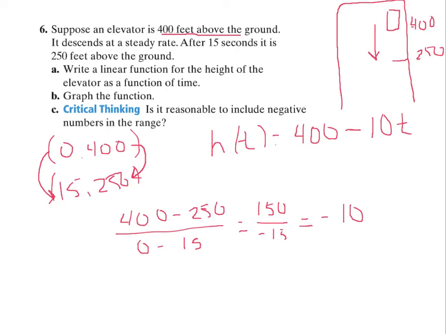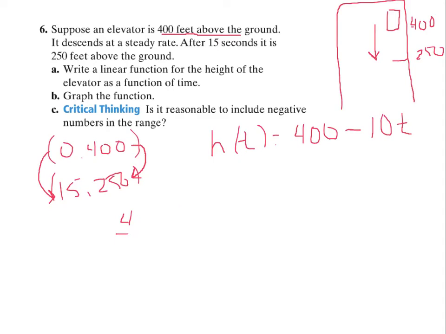Now, as we look through this, we have to graph it. So I'm actually going to erase this slope. Sorry if you needed that. And now we're going to draw our graph. And when we graph this, again, I don't think we're going to go below ground.